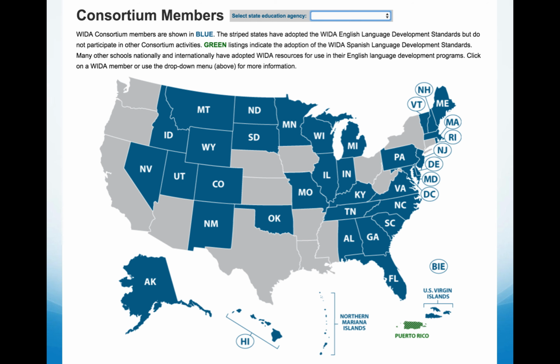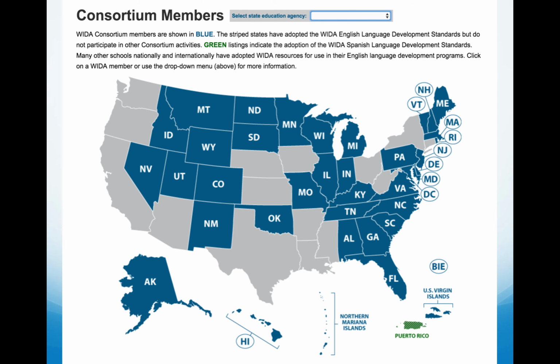The ones in blue have adopted the WIDA English Language Development Standards. And of course you see that most of the southeastern states are WIDA states, which means that if you have a child transfer in from another WIDA state and they have been tested using WIDA Access or any of the screeners, then those scores automatically transfer into the PowerSchool system and we use those scores.